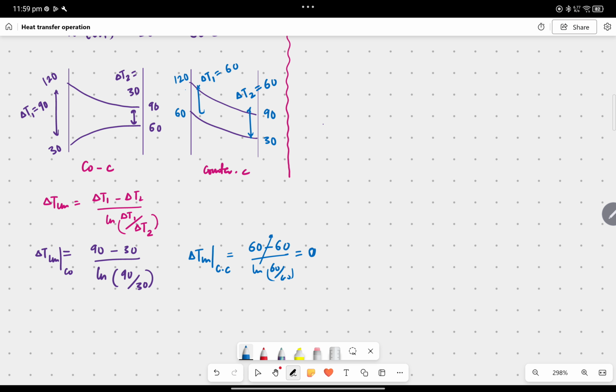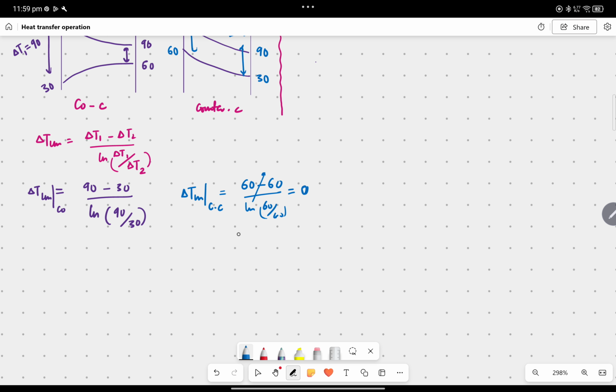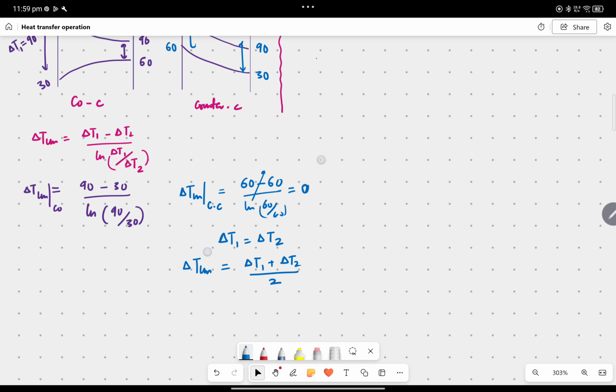So in this case, if we get delta T1 equal to delta T2, then we calculate delta TLM by taking the average of these two temperature differences. This is also a concept.